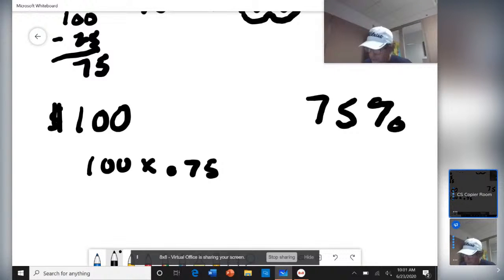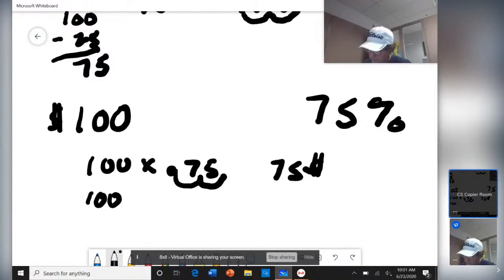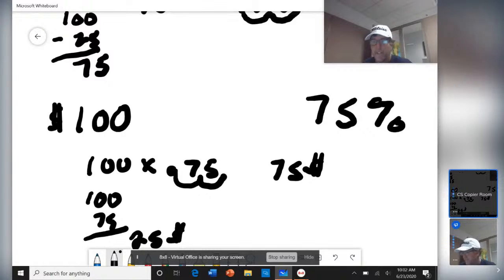And we know there's two zeros, so all we have to do is move the decimal point 2 places to the right. So 1, 2, and that's going to be $75 off, minus the 100. So those shoes are only going to be $25, and that's a really good deal.